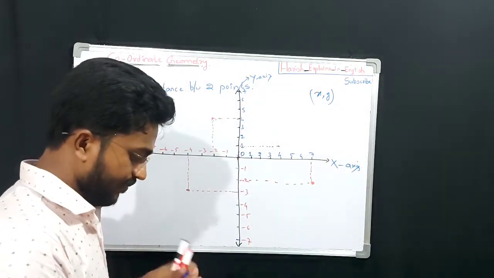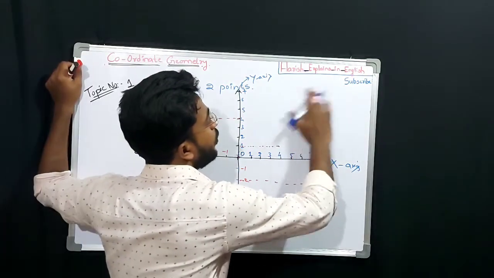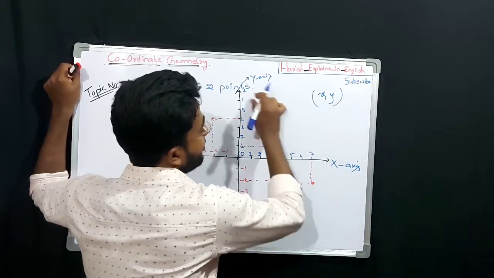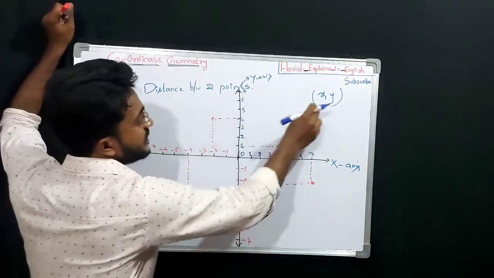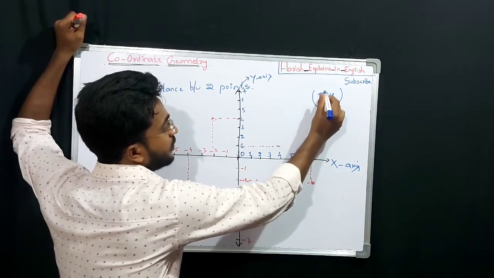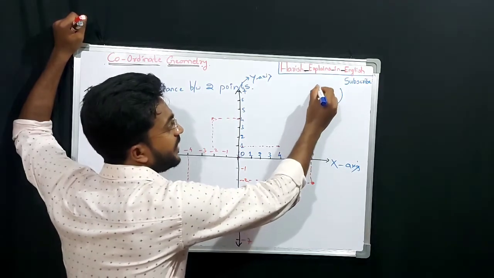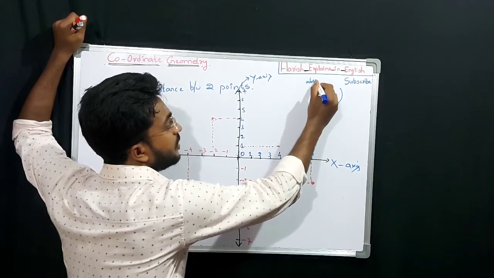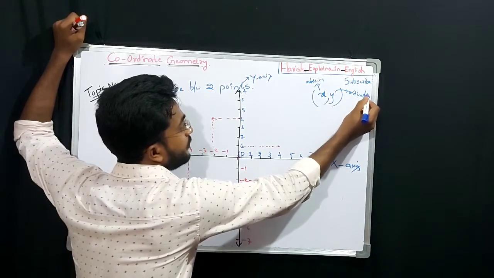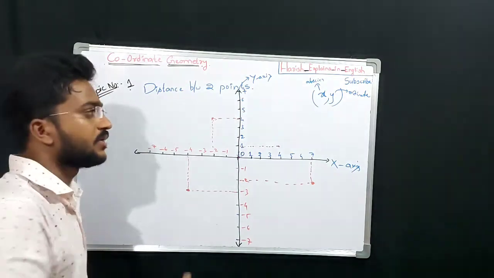Naming or defining a point is x comma y, where x is the x coordinate and y is the y coordinate. X is called abscissa and y is called ordinate. We generally do not use these terms, but for competitive exams or general exams, we need this knowledge.